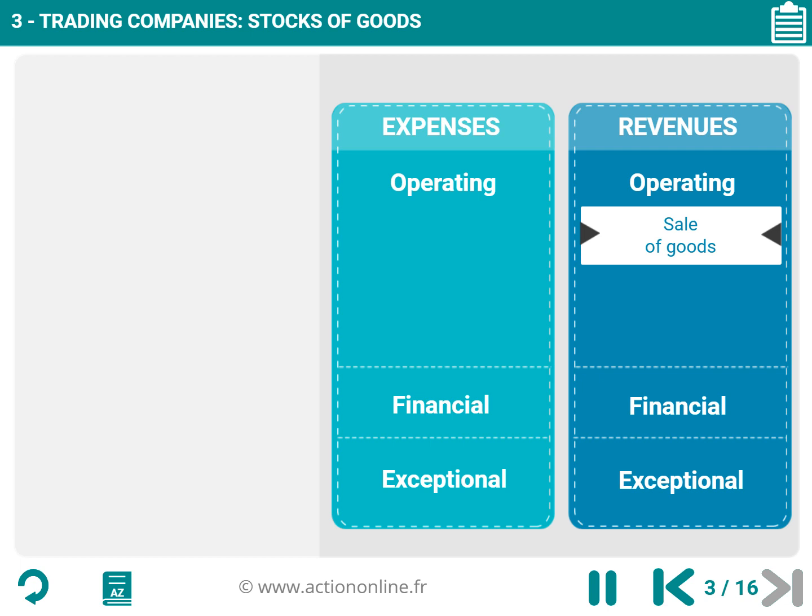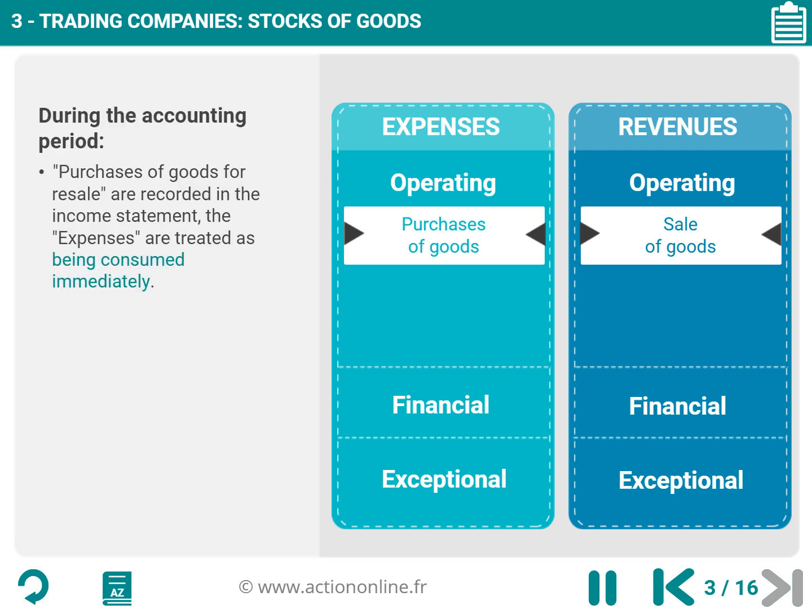The expenses must therefore relate entirely to purchases that have actually been consumed, that is to say, sold during the accounting period. Throughout the accounting period, the accounting staff record purchases of goods for resale at the right time and for the right amount in the income statement, independently of sales. So the expenses are treated as being consumed immediately.